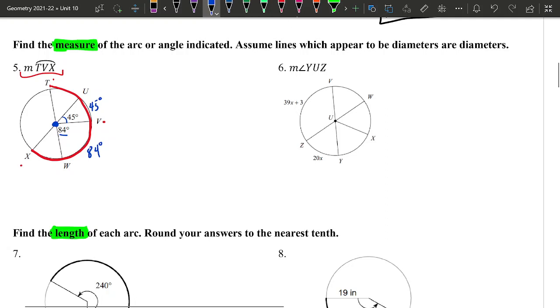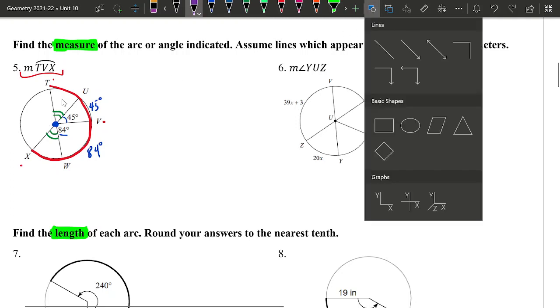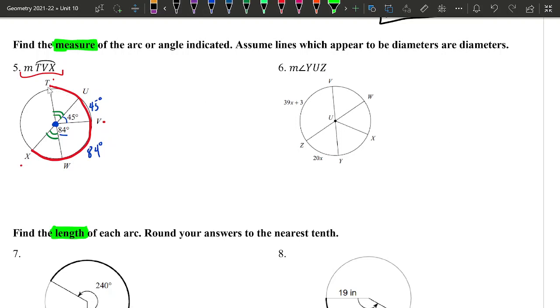Okay, so looking forward, I have a set of vertical angles, so whatever that measure is, I know they're the same because of the relationship. But I need more information. I can also see, because the instructions said lines which appear to be diameters are, so I have a straight line that goes through the center of the circle.